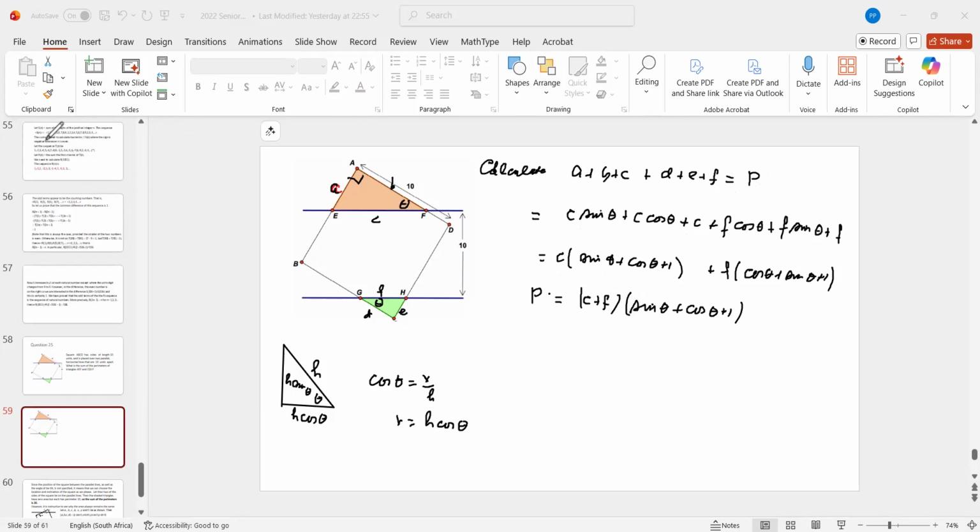I'll be needing space, so I'm going to write this formula at the top and rub the rest of it out. Erase all this.